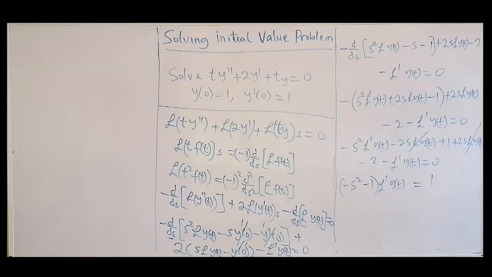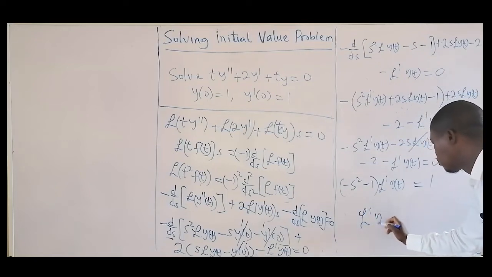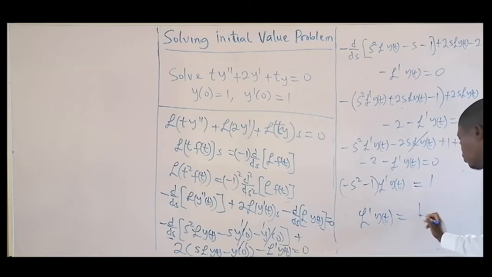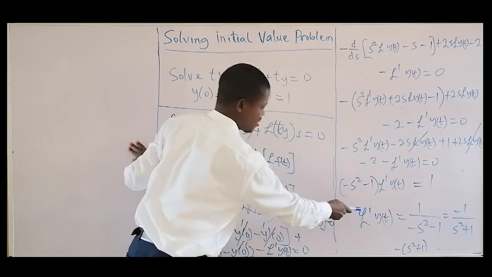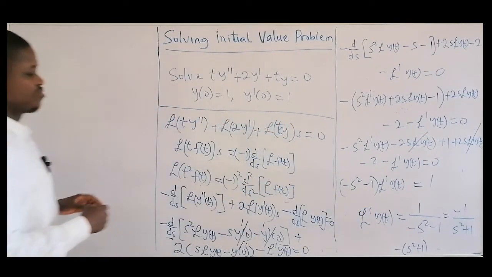Then move it to the other side, equal to 1. So Laplace prime y of t is equal to 1 over minus s squared minus 1. Then you can factorize this minus, and that will be equal to minus 1 over s squared plus 1. Here we have differentiation on the Laplace, so we'll take the integral on both sides.